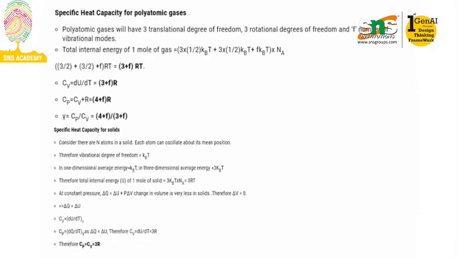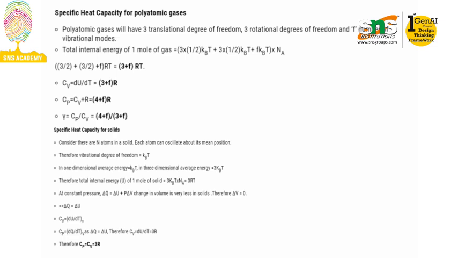So (3/2 + 3/2 + f) RT is equal to (3 + f) RT. So specific heat capacity at constant volume will be Cv = dU/dT, that is equal to (3 + f) R. Cp = Cv + R, that is equal to (4 + f) R. Next, gamma = Cp/Cv, so relate those two equations: (4 + f)/(3 + f).